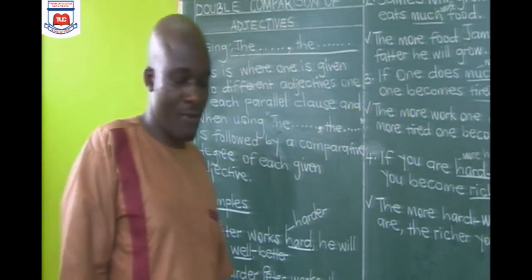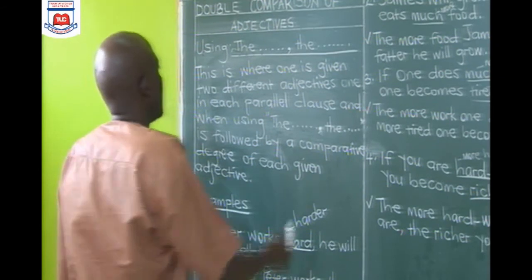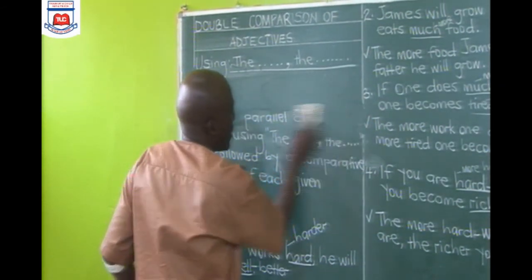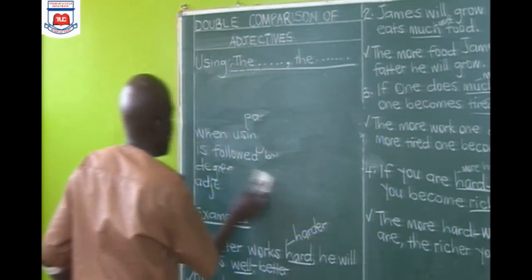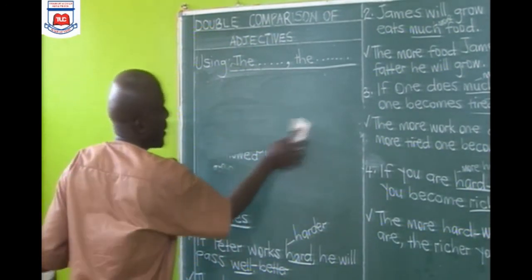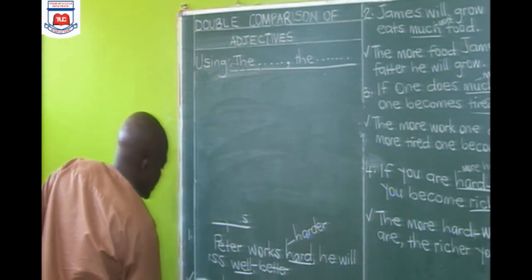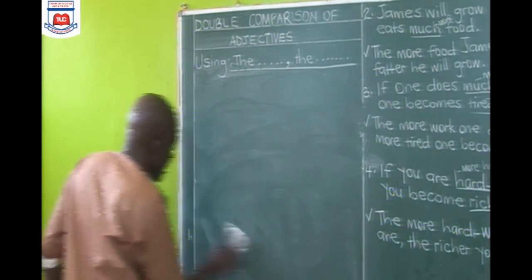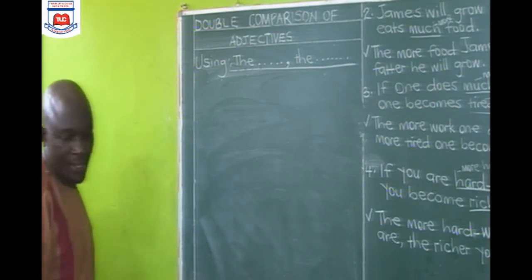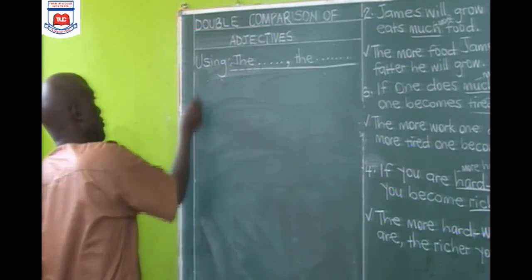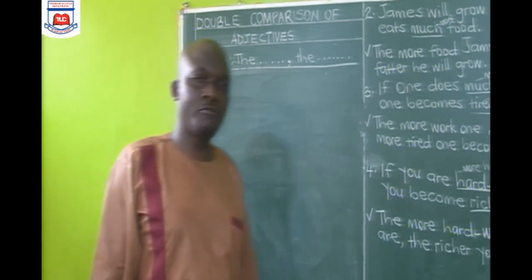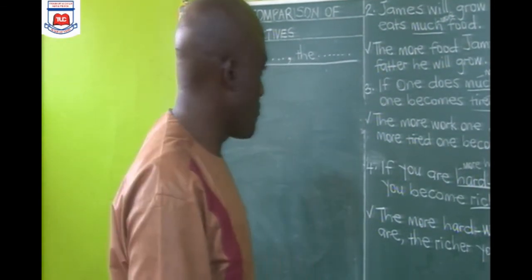So let us have one more example, and then we can end there for today. So the next example here is example 8. I think it will be good to go. If we give 8 examples, you will have learned how to use double comparison of adjectives. But there is also comparison of adverbs. Don't confuse the two.